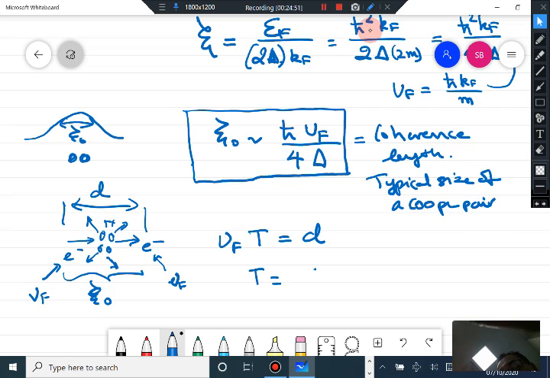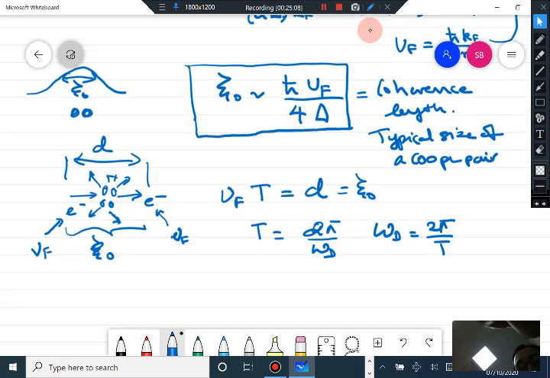So this is going to be 2π by ωD, okay, because ωD is equal to 2π by t. So this is of course your ξ0, okay.